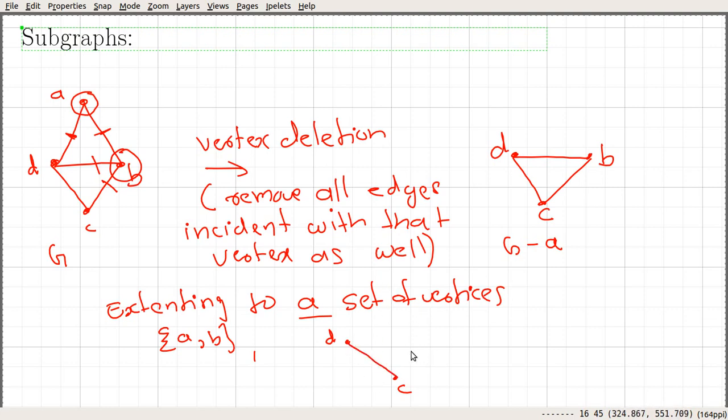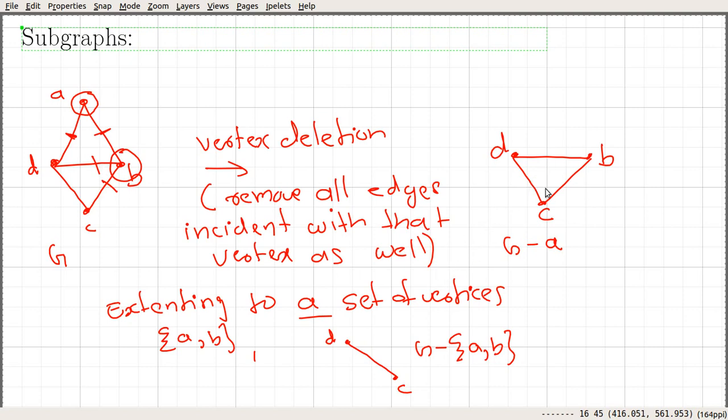This graph is denoted G minus the set AB. Here we can see that these 2 graphs are smaller graphs obtained by deleting vertices from G. These graphs are examples of what we call subgraphs.